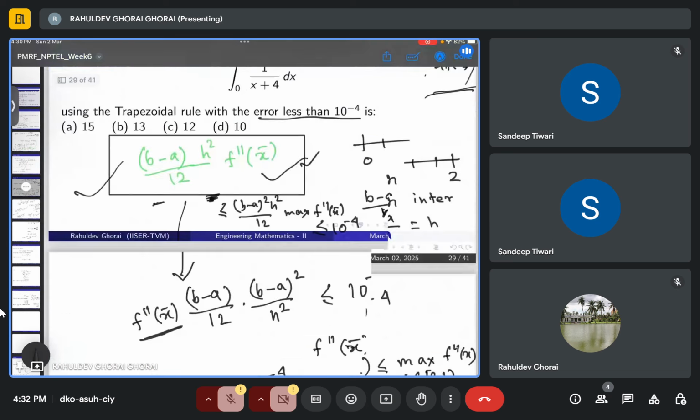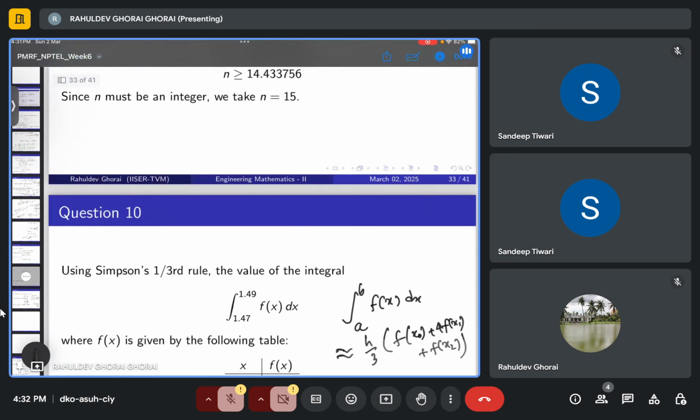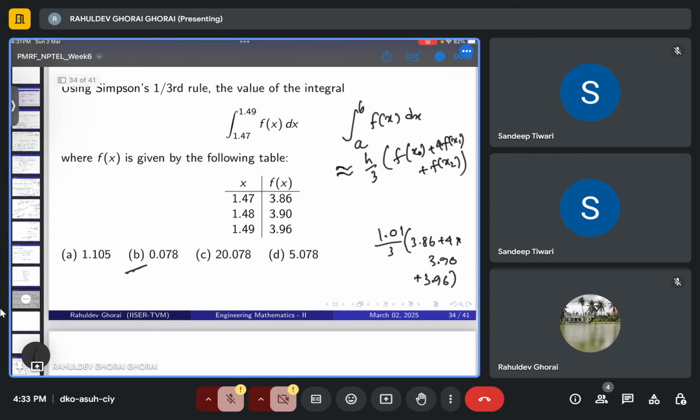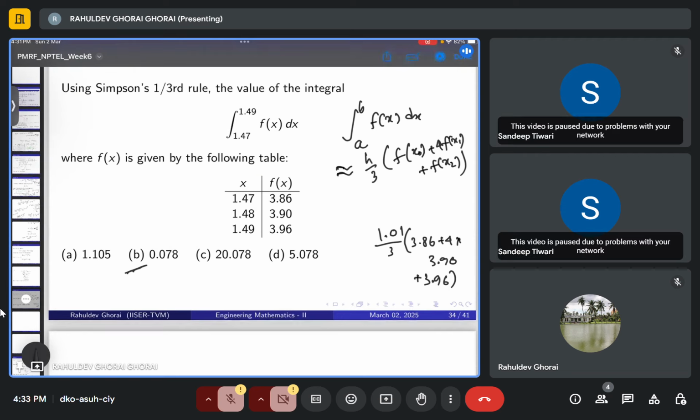The trapezoidal rule or Simpson's one-third rule are mainly used to approximate the area of the function. Like in Riemann sum, you do summation over each small area.